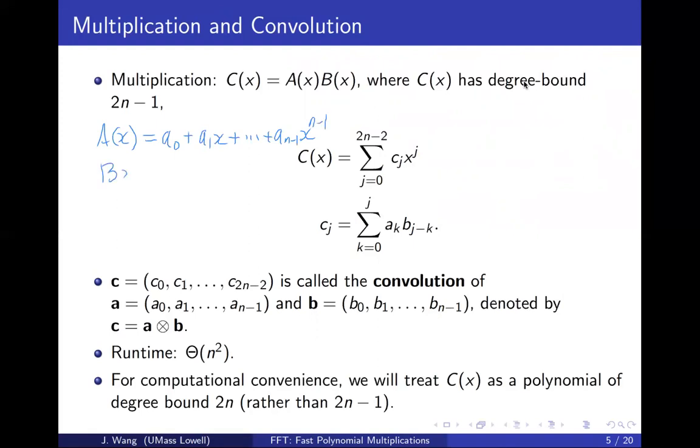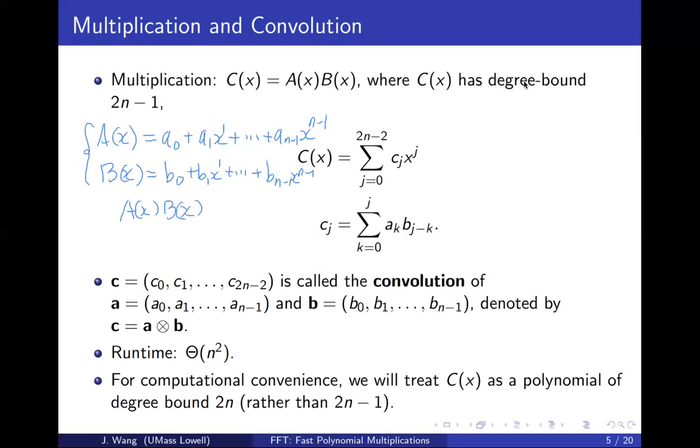And Bx is the same: b0 plus b1x, up to b(n minus 1) times x to the n minus 1 power. Then we want to multiply Ax with Bx.